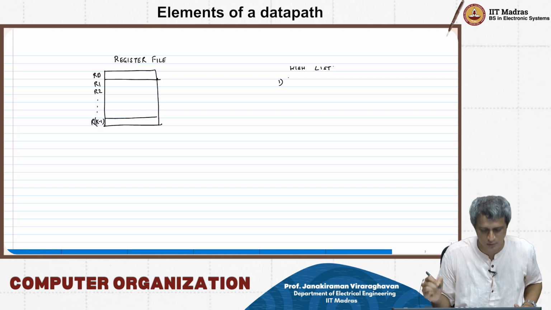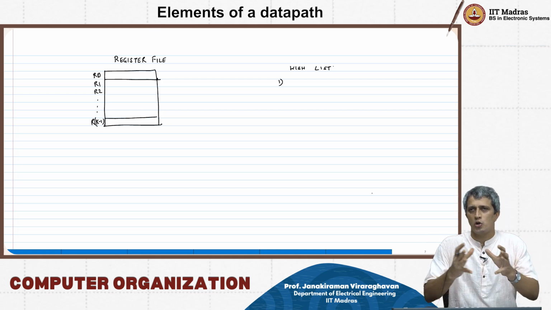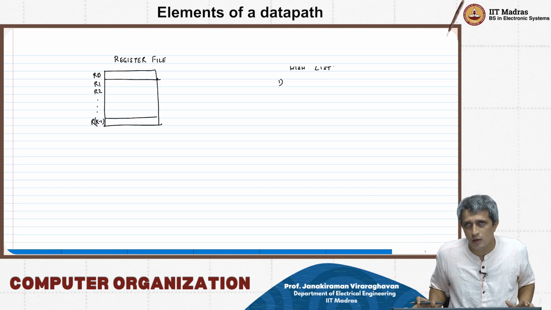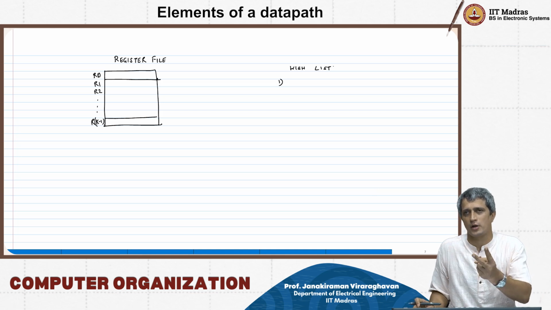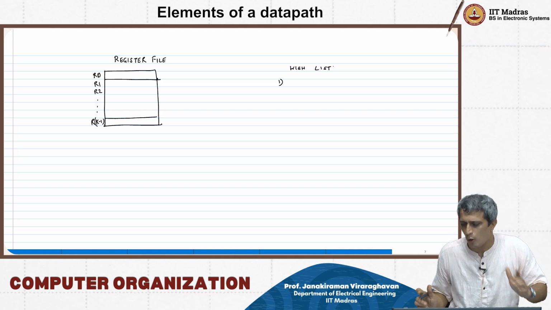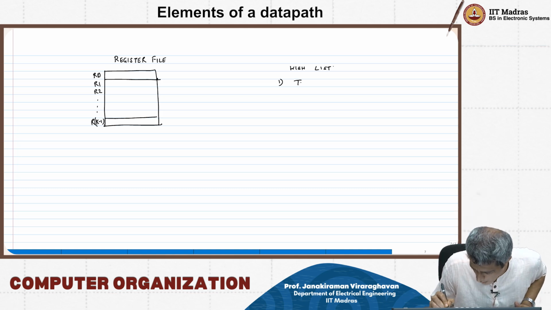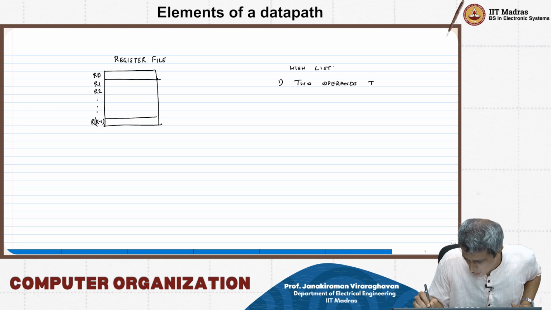Wish list is, in order to do any mathematical operation, typically you would need 2 operands. In some cases you could do with 1 operand, but otherwise you need 2 operands, operands to the ALU.